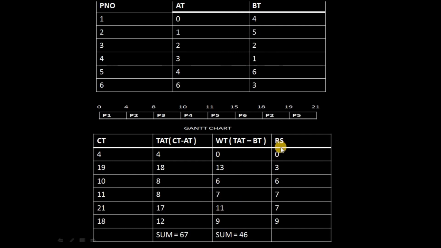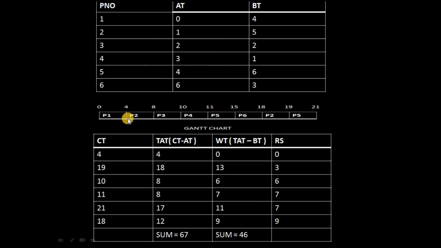And what about the response time? Now look at the Gantt chart from left to right. When the first process came into the CPU, or came into the Gantt chart, for P1, just look at here, P1 came into the Gantt chart at the value of 0. So the response time will be 0.